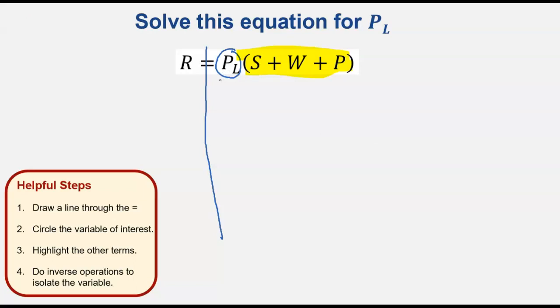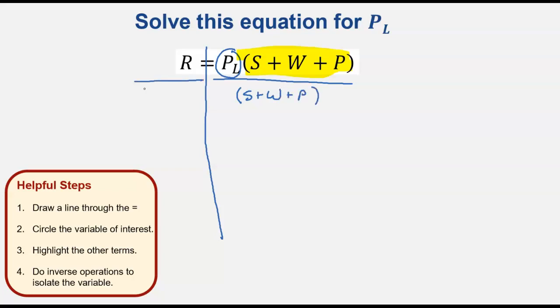Well, looks like we have P of L times some big quantity of thing, right? So if we treat this entire quantity as just a single thing by itself, it's P of L times this bunch of stuff. So maybe we just divide by this bunch of stuff, S plus W plus P, on the bottom of a fraction.